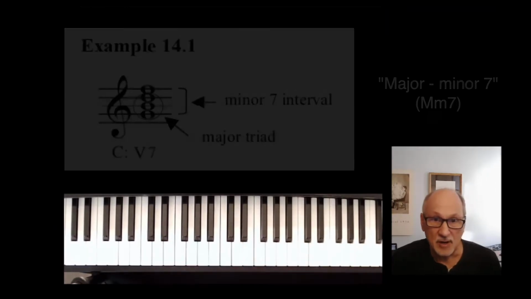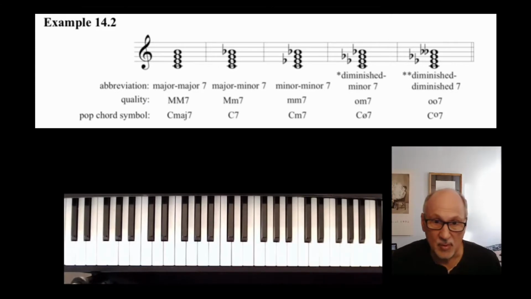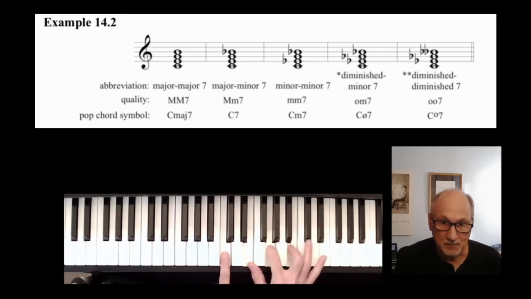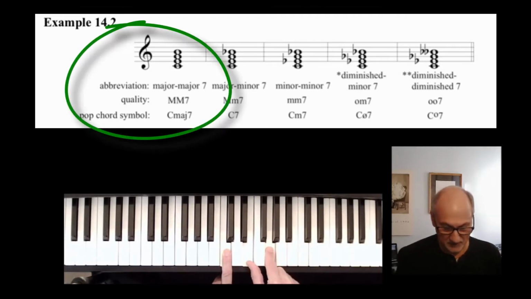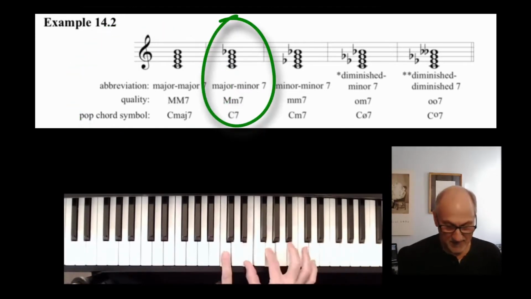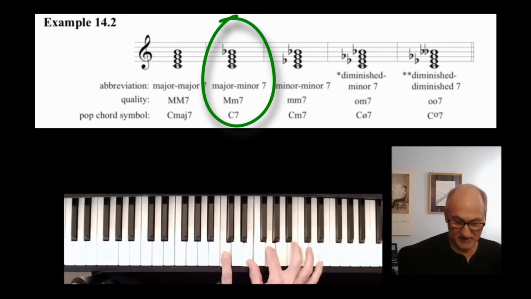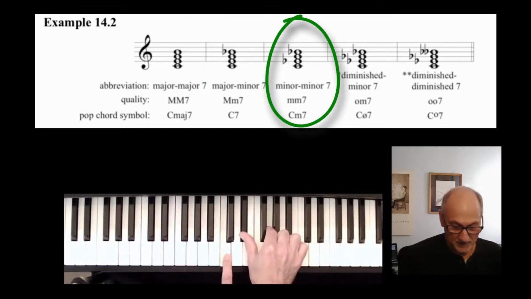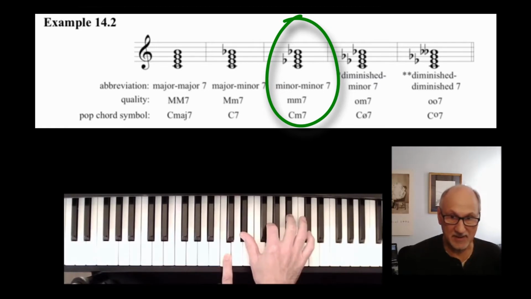Okay, so here's a chart of all the most common seventh chord qualities, and this is all based on a C chord. You can see that this chord would be called a major with a major seventh on the top, right? It's only a half step lower than the octave. This is a major minor seventh chord. You can see the 2 half steps lower. This is a minor triad with a minor seventh, so we call it a minor minor seven.